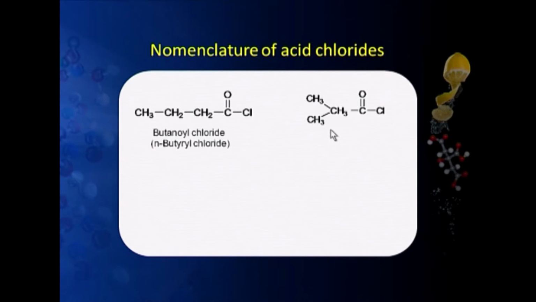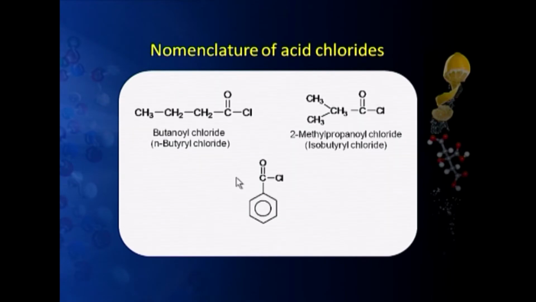Let us take another acid. This is 2-methyl propanoic acid whose OH has been replaced by Cl. So its IUPAC name will be 2-methyl propanoyl chloride, and commonly this acid is called isobutyric acid, so its name for the chloride is isobutyryl chloride.